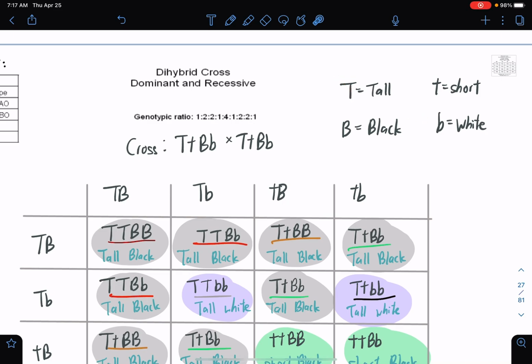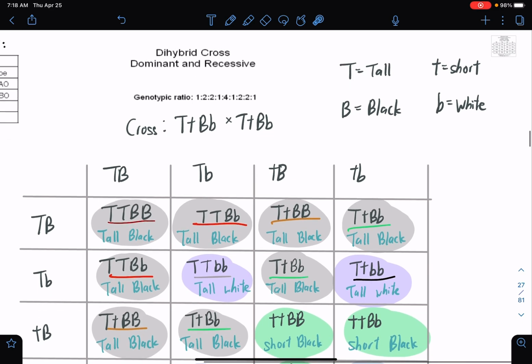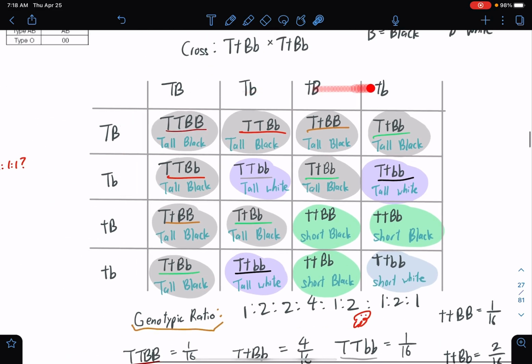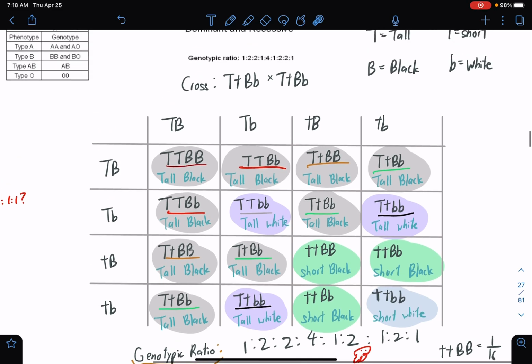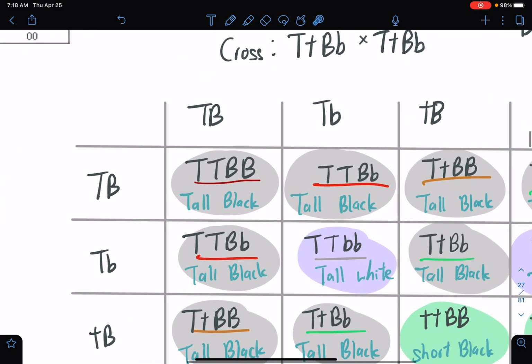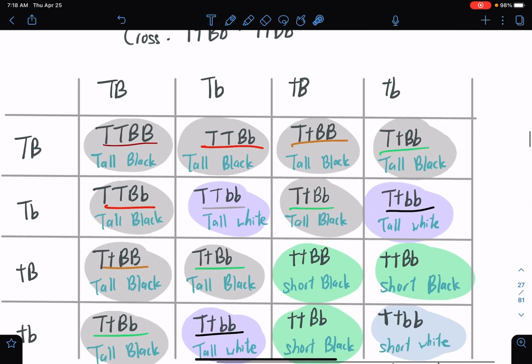Capital T is tall, small t is short, capital B is black, and small b is white. So we cross capital T, small t, capital B, small b with the same thing. We write them down in a Punnett square, and we write the offspring. So capital T, capital T, capital B, capital B. Capital T, capital T, capital B, small b. And we just keep on going.